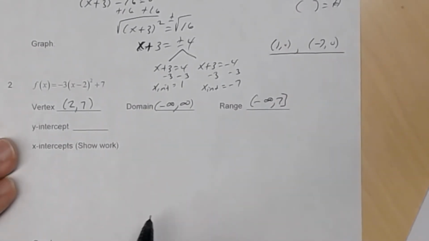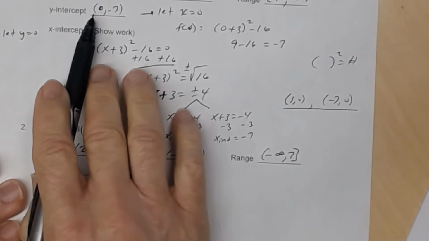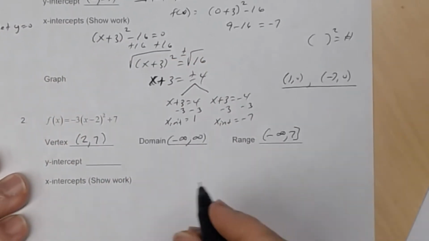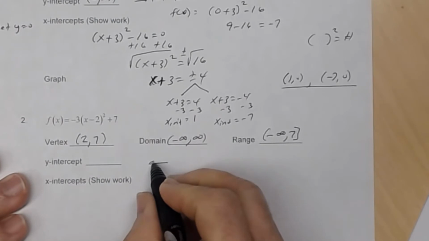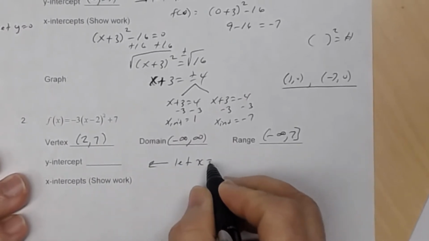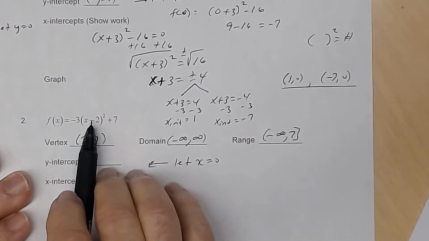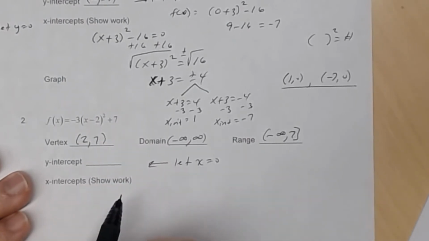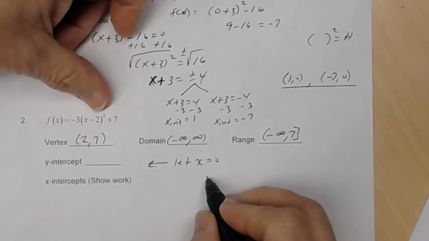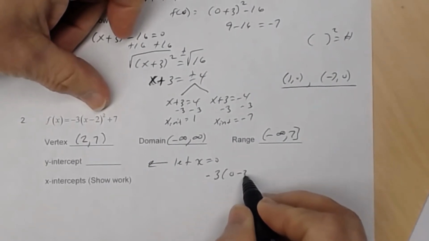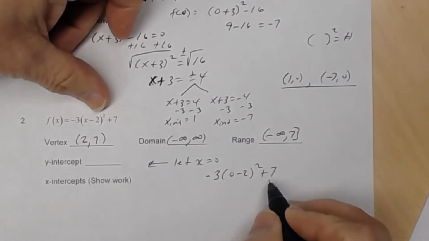Let's go about the y-intercept. We're going to do the y-intercept just like we did the last one. To find the y-intercept, you're going to let x equal 0. Wherever you see the variable x, you're going to substitute 0. So I get negative 3 times 0 minus 2 squared plus 7.